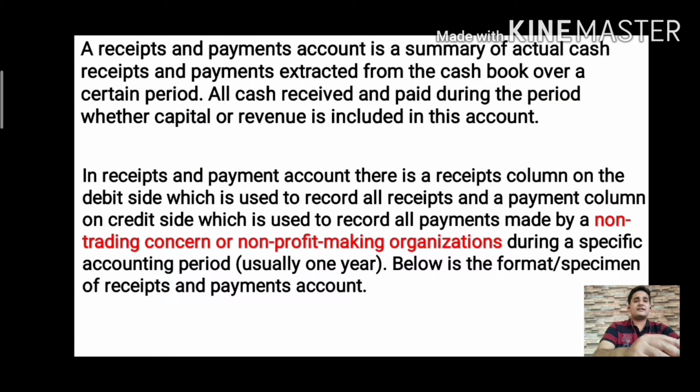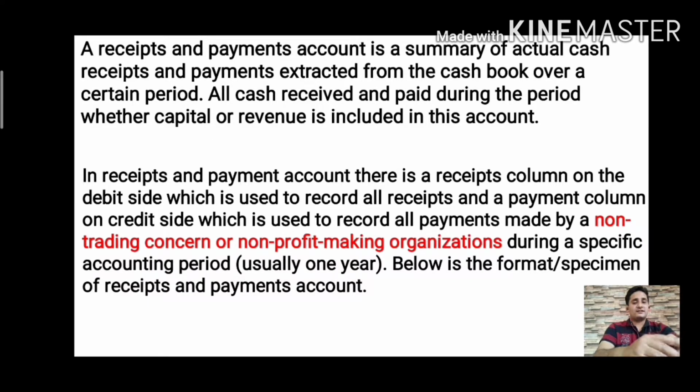A receipts and payments account is a summary of actual cash receipts and payments extracted from the cash book over a certain period. All cash received and paid during the period, whether capital or revenue, is included in this account. So the receipts and payments account is a summary of the cash book. While preparing it, you record only cash items, cash related transactions.